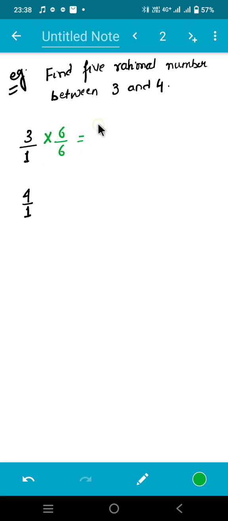So you see, we'll get 18 by 6. Same thing we'll do with the other rational number: multiply 6 with both the numerator and the denominator. So you'll get 24 by 6.